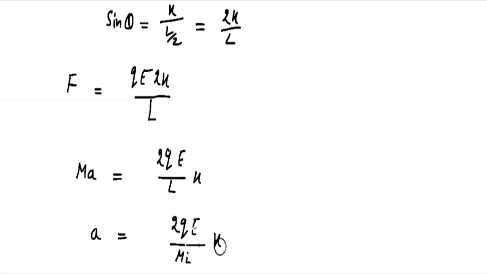Now in SHM we have the relation that a is proportional to minus x. That means when the particle moves, a restoring force acts, because of which a negative sign will come here. Now we find omega.